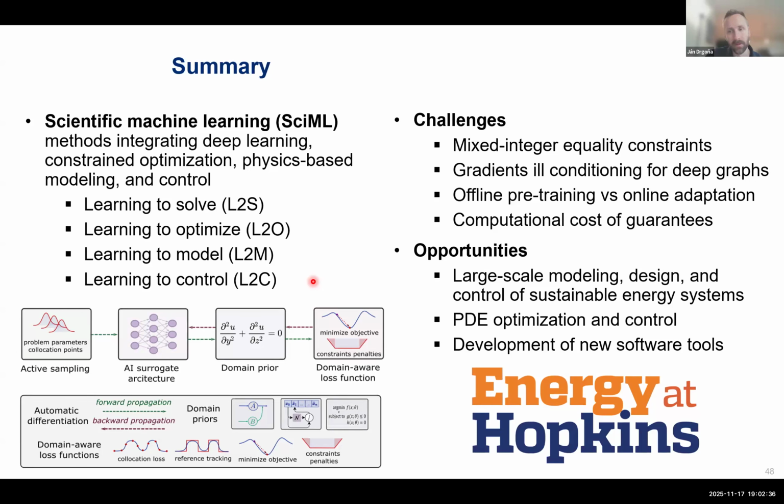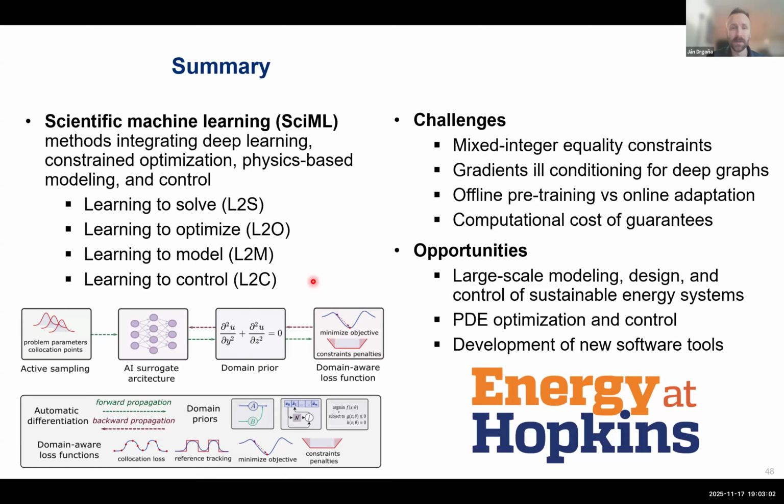So this presents enormous opportunities for modeling, optimization, and control of complex systems at scale. There are, of course, challenges that are still open in this domain, specifically how do you deal with discontinuities and mixed integer problems, because we have these complex and deep computational graphs.